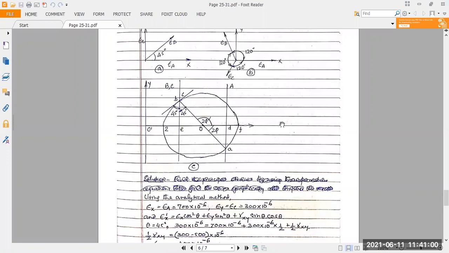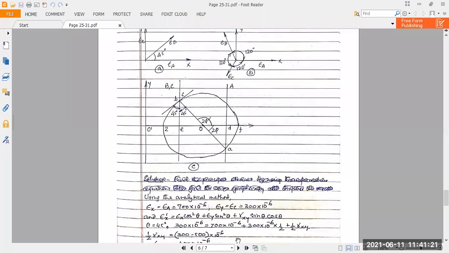Epsilon X dash is given by epsilon X cos square theta plus epsilon Y sin square theta plus gamma XY sin theta cos theta.